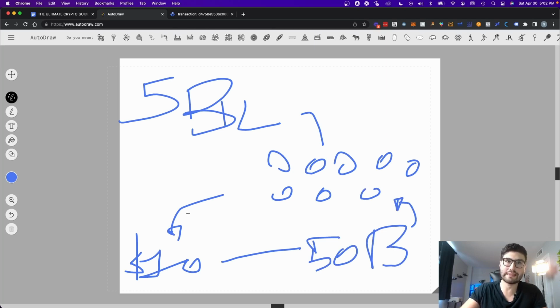So that's the mathematics, and that's why a lot of people get confused when they're saying, oh, Shiba Inu is gonna hit $1 by the end of December and all that kind of stuff. This is absolutely insanity, because you need to understand the supply, okay?